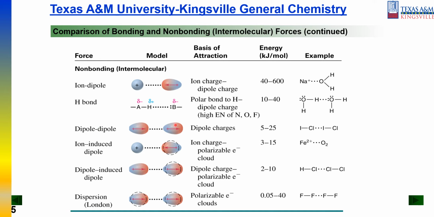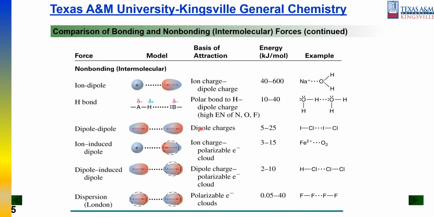If you have two polar molecules, polar molecule refers to molecules that have an uneven distribution of electrons. Your electron density is not evenly distributed.